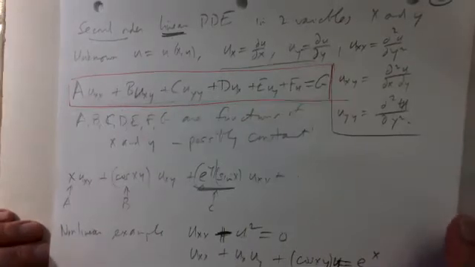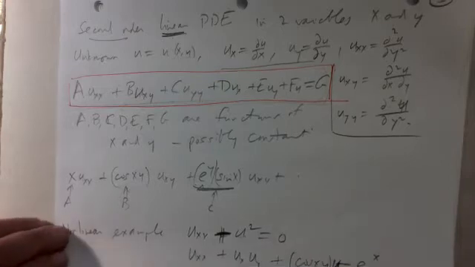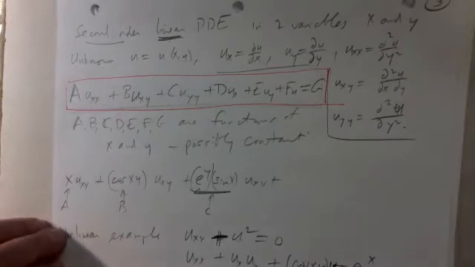And they are directly related to what the graph of a quadratic equation in x and y looks like. If you have a polynomial in x and y of degree 2, the graph is a parabola, an ellipse, or a hyperbola. Or in a degenerate case, it might be two parallel lines. We'll see that in a second. So let me explain that classification.